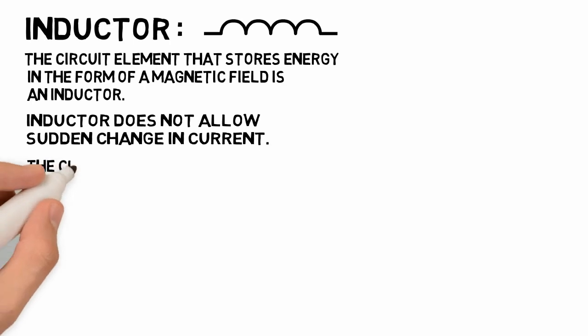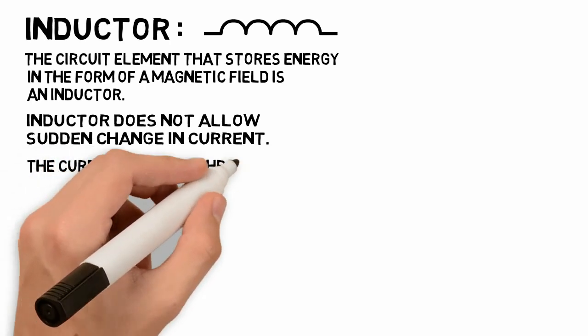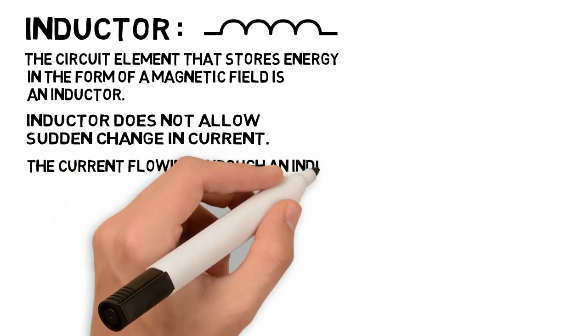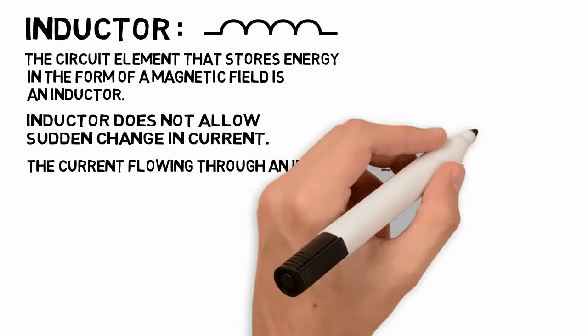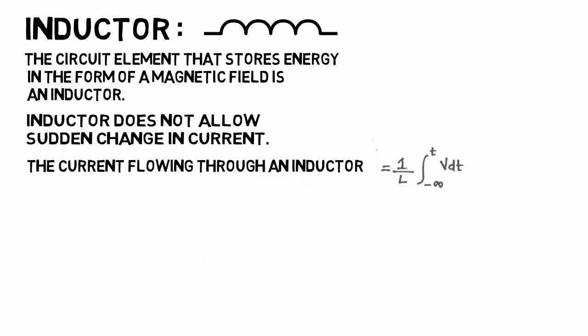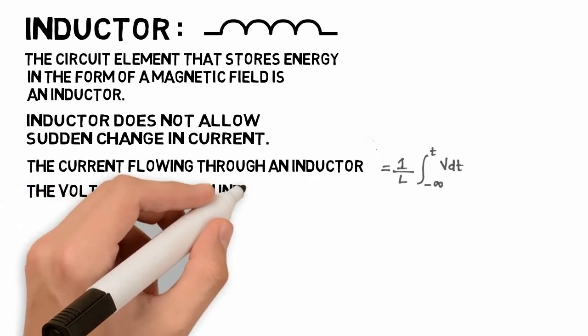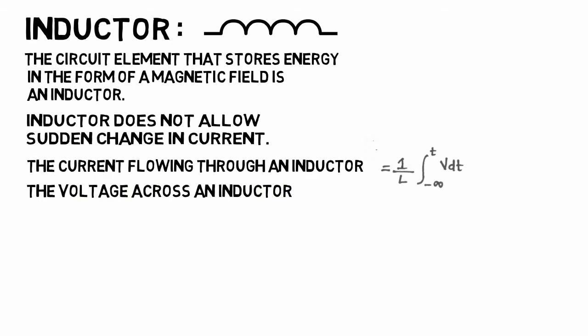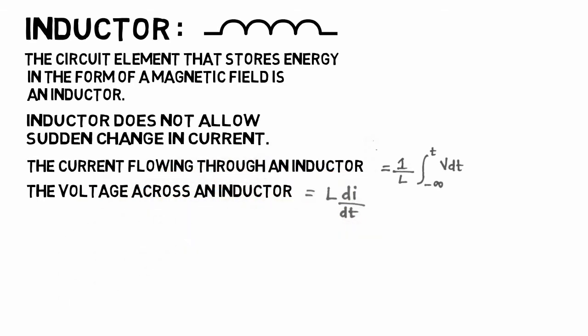The current flowing through an inductor is given by 1 by L integral from minus infinity to t of v dt, where v is the voltage across the inductor. The voltage across the inductor is given by L di by dt, where i is the current flowing through the inductor.